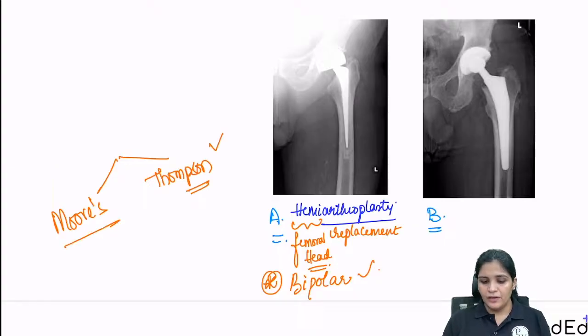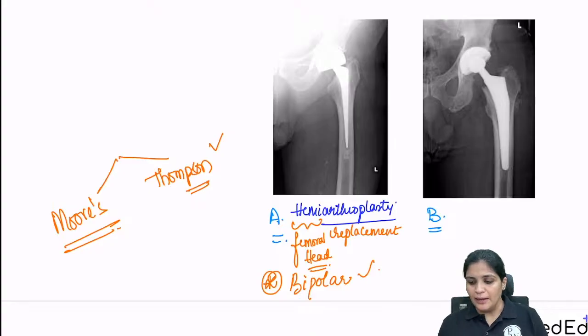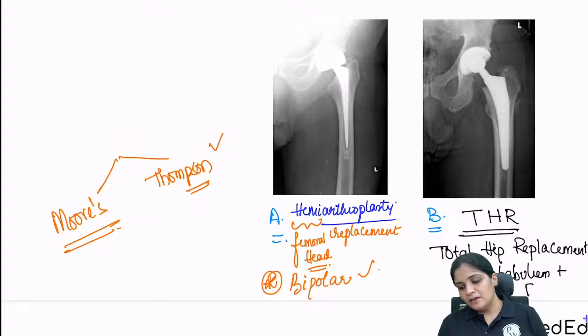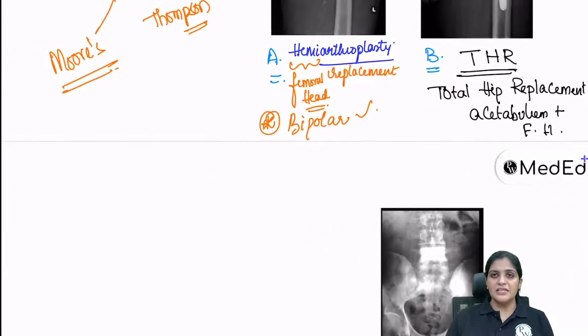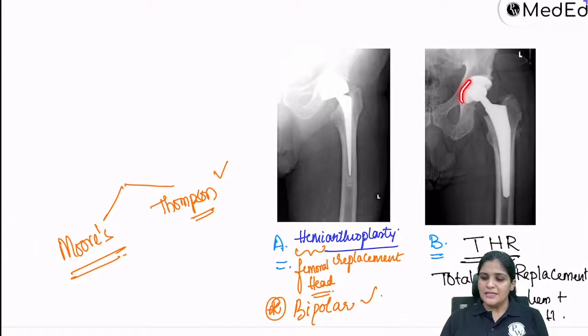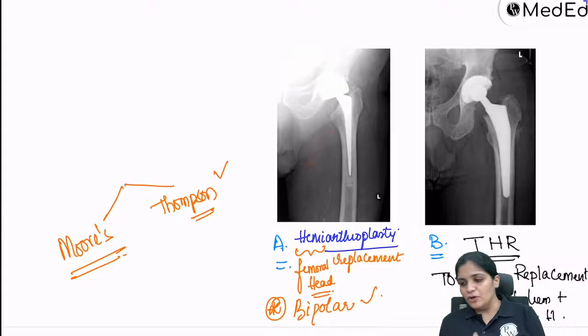But now we are into bipolar. So this is your bipolar. And what is this? This is THR, that means total hip replacement. So where do you do this total hip replacement? Where you are replacing the acetabulum also. So the hip joint, acetabulum plus femoral head, right? So THR is femoral head plus acetabulum. If you see these two, this is the acetabular cup, right? There is no cup here. It is only bipolar. So this is hemiarthroplasty.